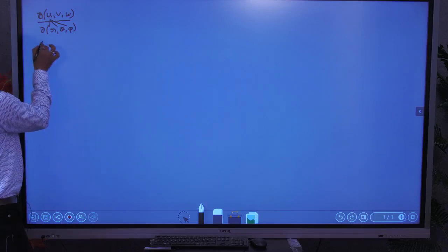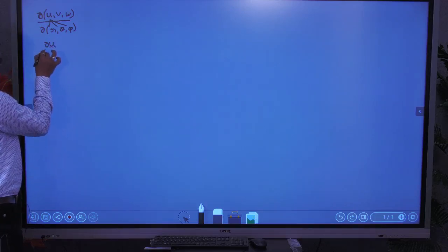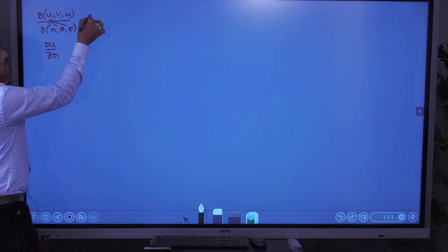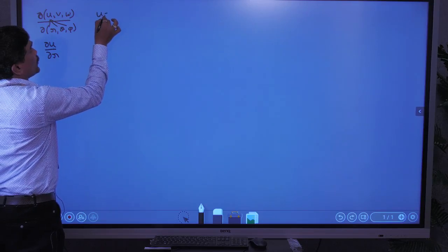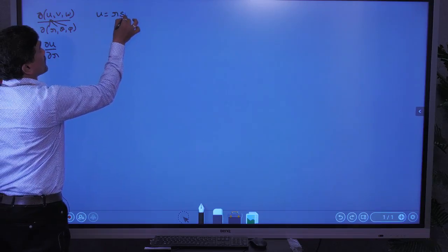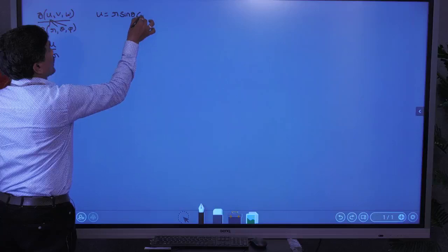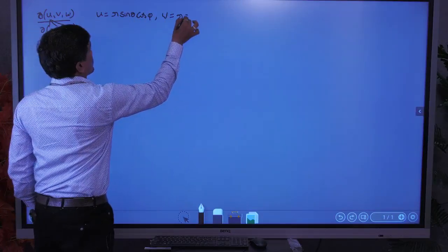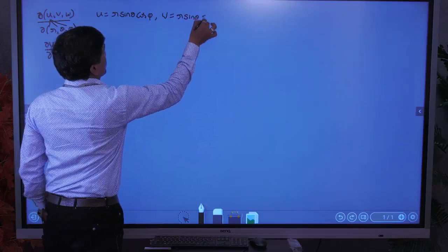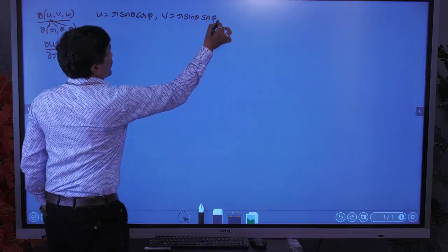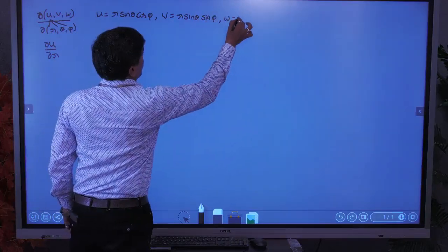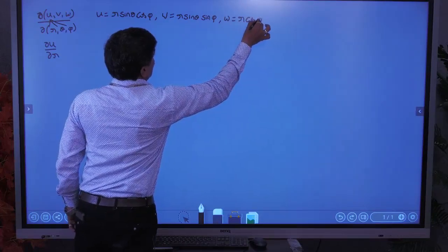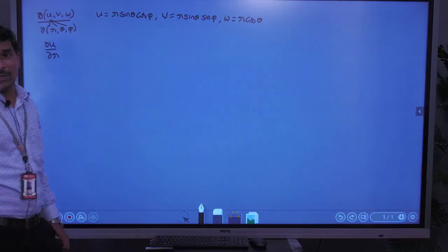First of all, calculate ∂u/∂r. So first of all, write what is u. u is r sin θ cos φ, v is r sin θ sin φ, w is equal to r cos θ. These are the functions u, v, w.